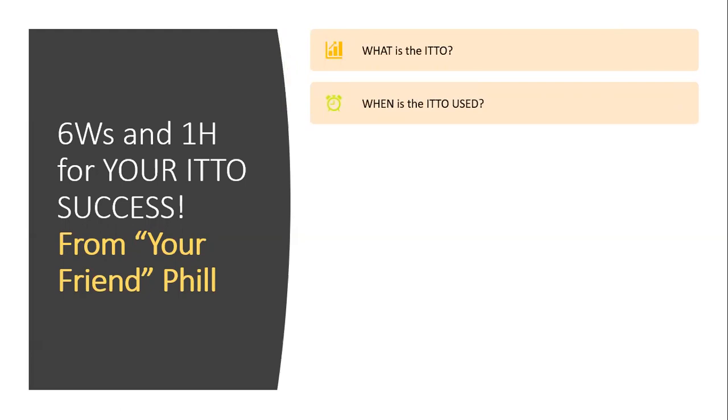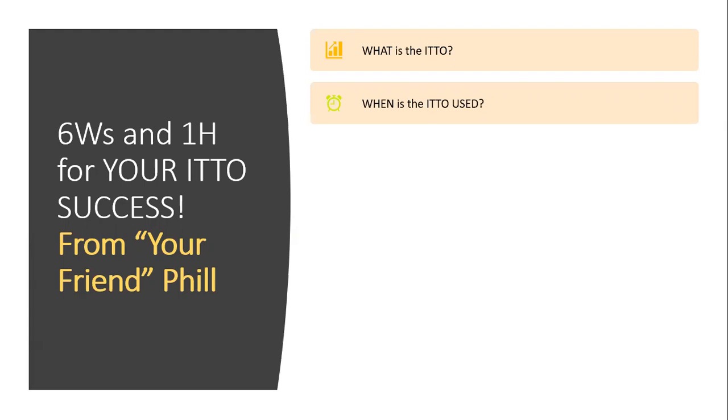When is the ITTO used is the next W. Is it used in initiating predominantly, or planning, or executing, or monitoring and controlling, or maybe it is just used in scope, like product analysis? Is it just used in one process? Is it an output of just one process, like WPD is an output of direct and manage project work only?